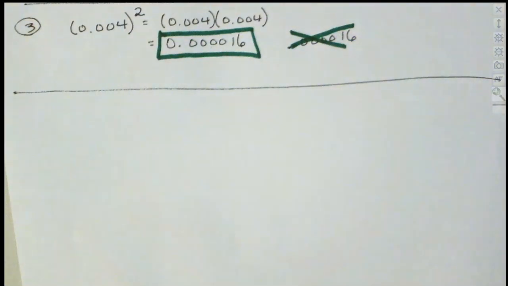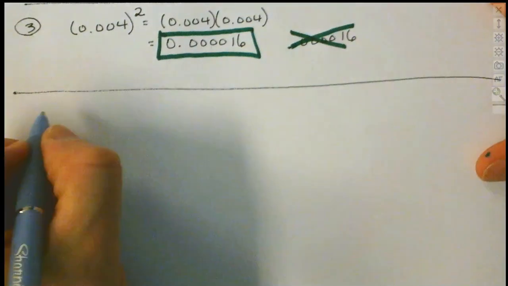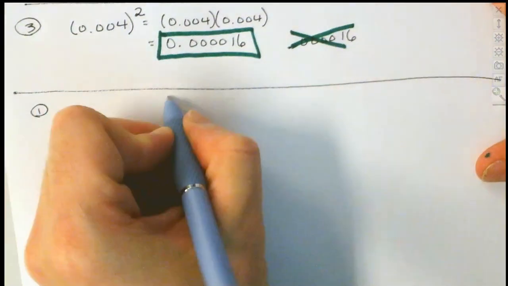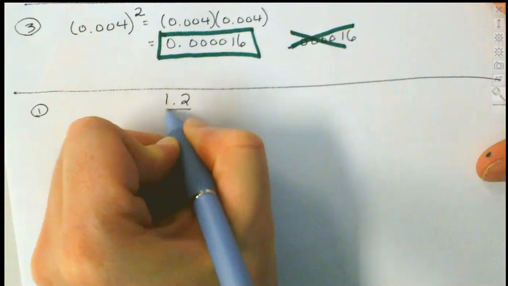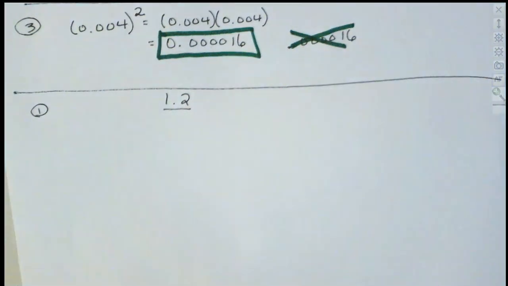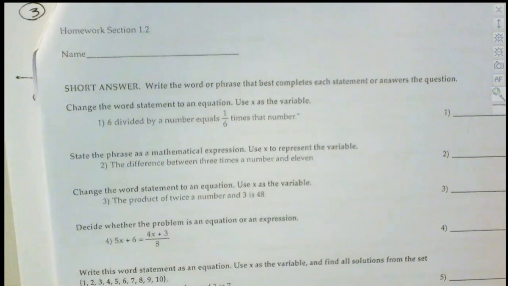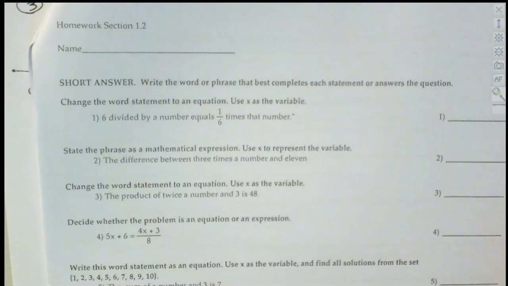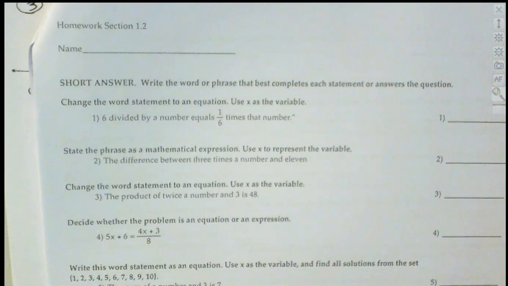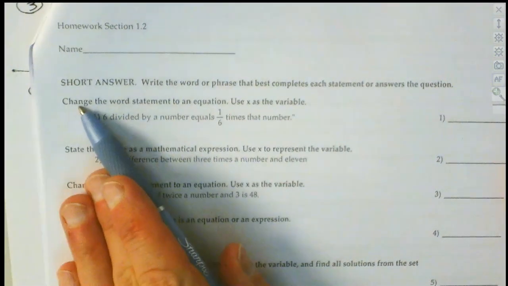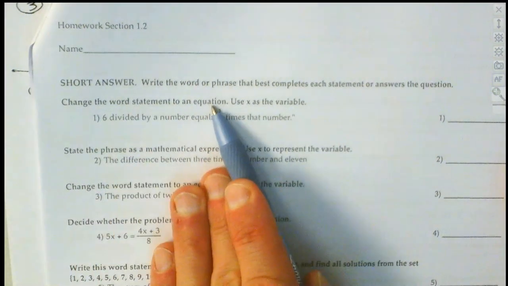1-2, some of these are just understanding the terminology. And on these, we will always want to make sure we read the directions first, because the directions are going to give us clues as to what we're going to be doing. Okay, it says on our directions for question 1, change the word statement to an equation.